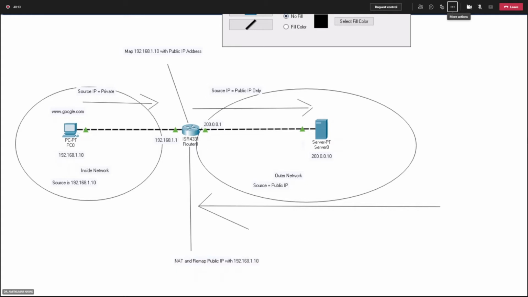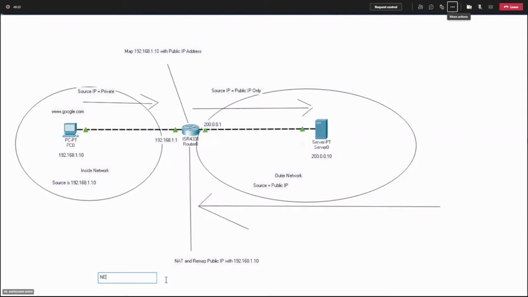So this is known as network address translation.